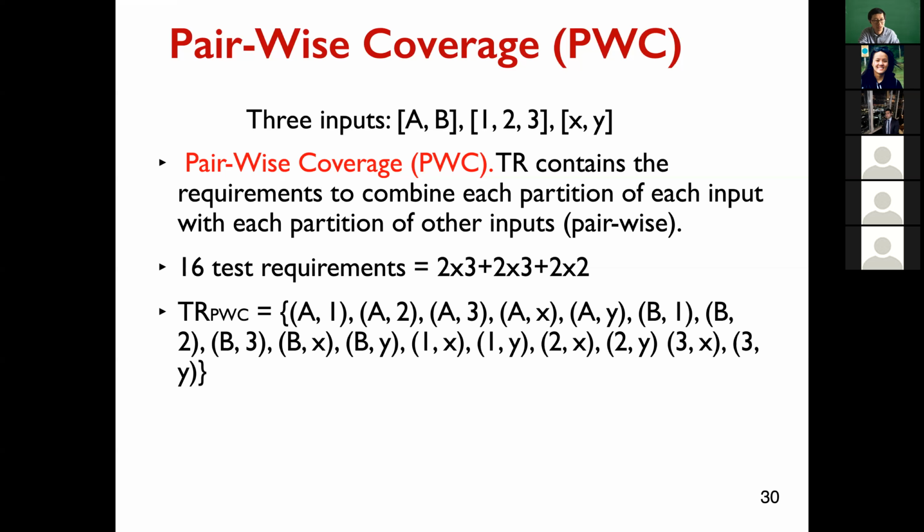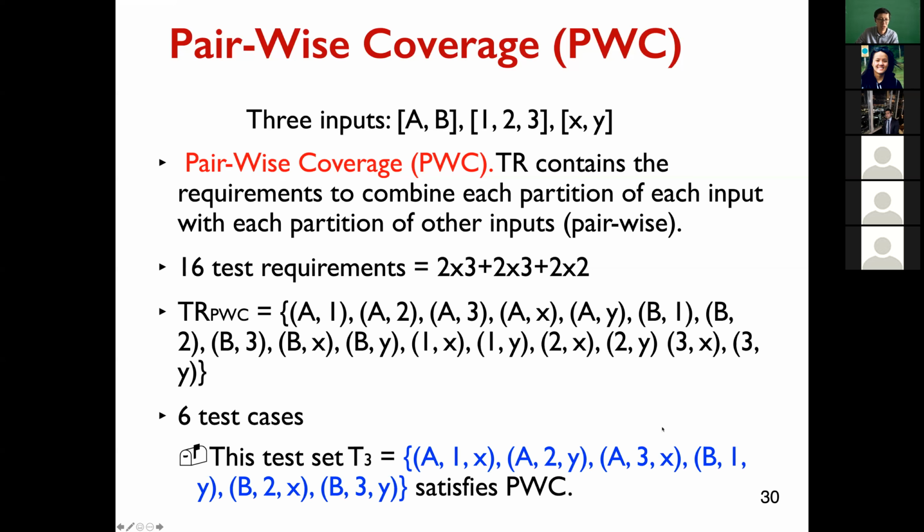We have 16 here because we consider all such pairs, right? Oh, no, not 16 test cases. It's just 16 test requirements because we have so many pairs.